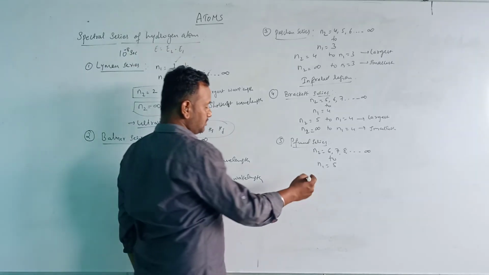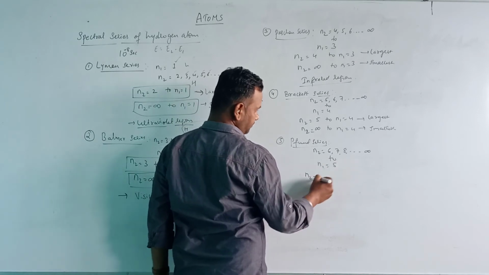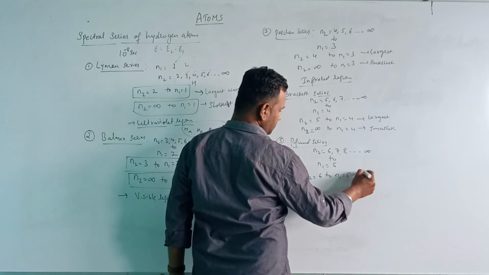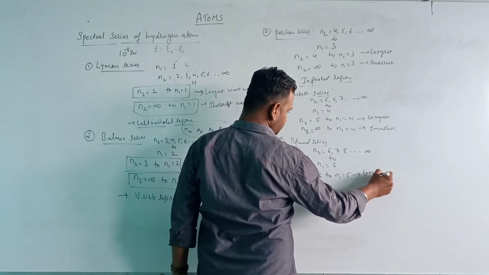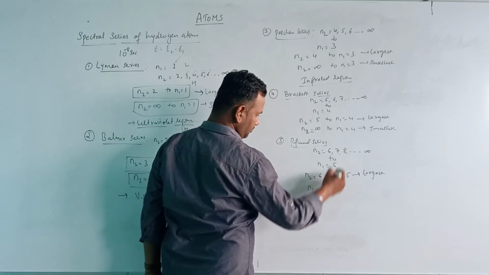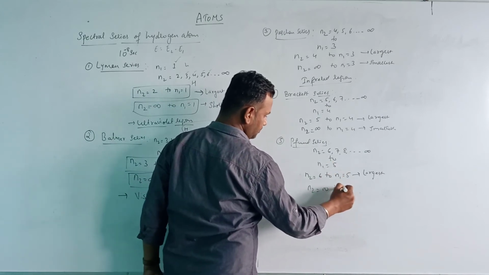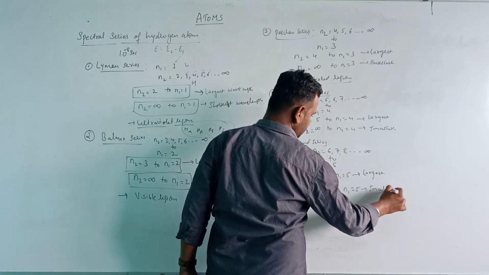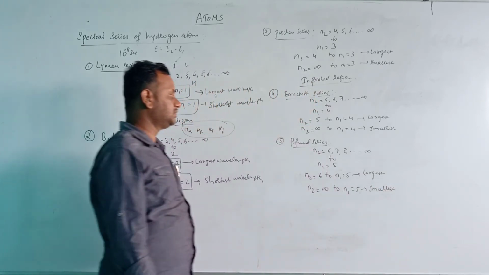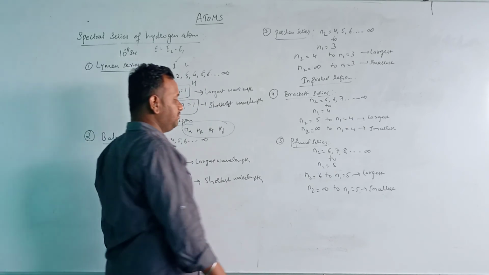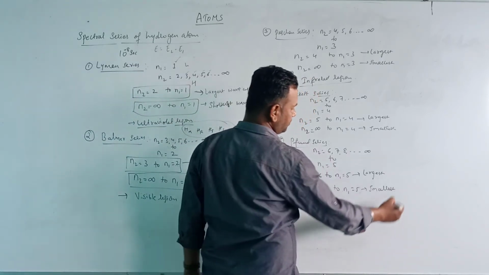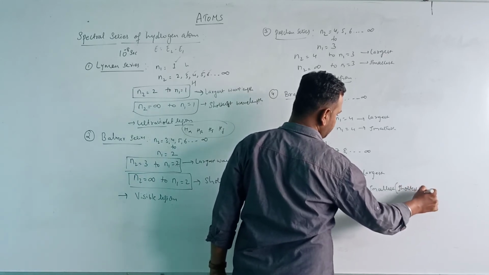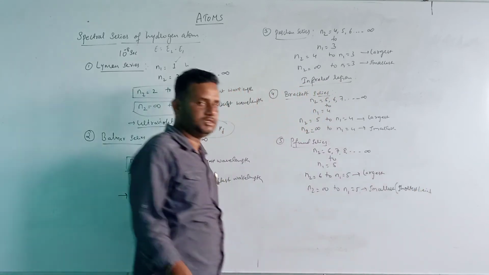Now n2 is equal to 6 to n1 is equal to 5 is the largest, and n2 is equal to infinity to n1 is equal to 5 is the smallest wavelength. The smallest wavelength is also called the shortest limit, also the shortest limit, इसे shortest limit भी बोलते हैं या तो smallest limit बोलते हैं.